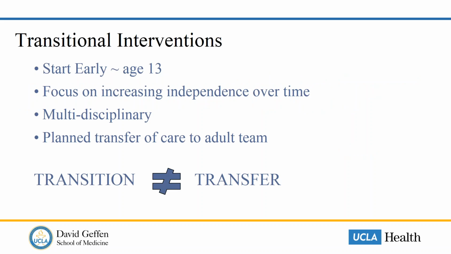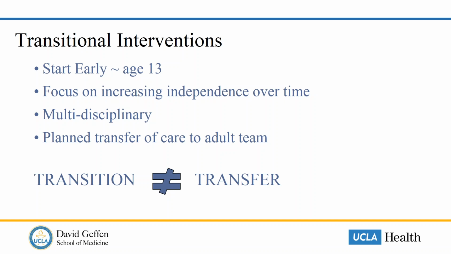For me, and for the literature, it really starts early. We really recommend starting as early as age 12 or 13. It's focused on increasing independence over time. It really needs to have a multidisciplinary slant, using the medical provider, nursing, social work, and psychiatry or psychology services to make sure that we're doing our best.